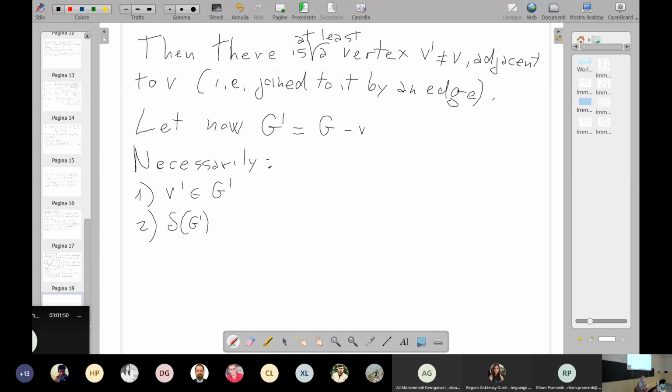So what we can say is that at each vertex we have at most taken away one edge. So small delta of G prime is greater than or equal to H minus 1. Okay? But then the inductive hypothesis applies.